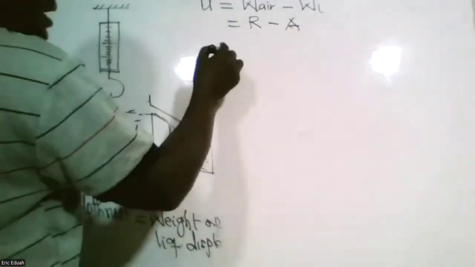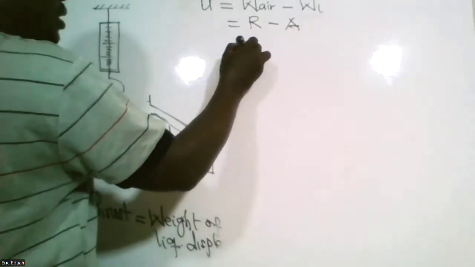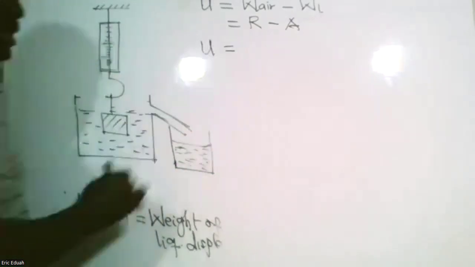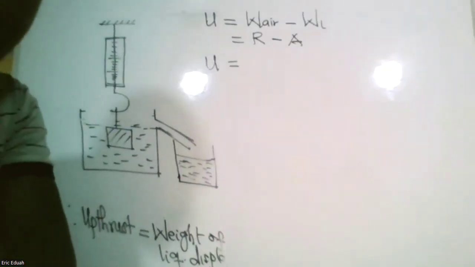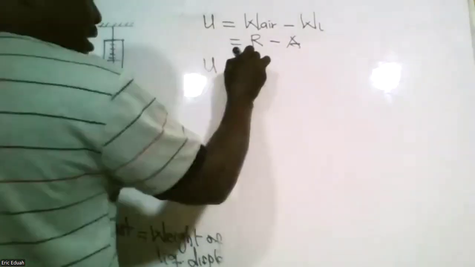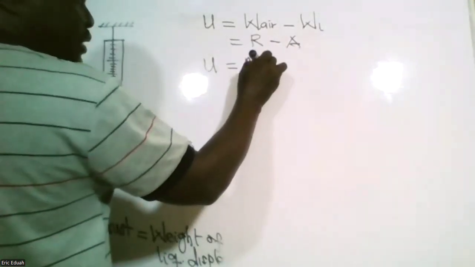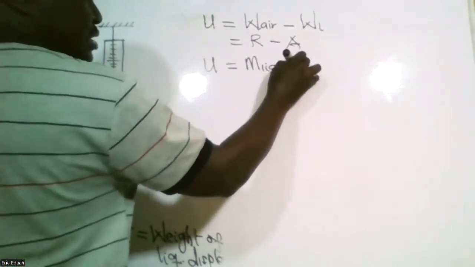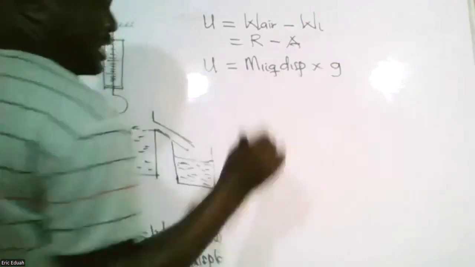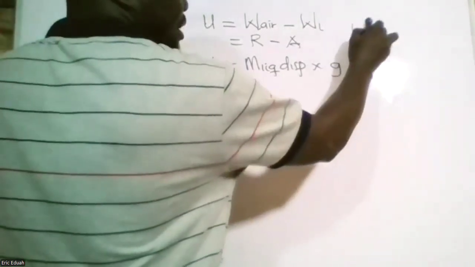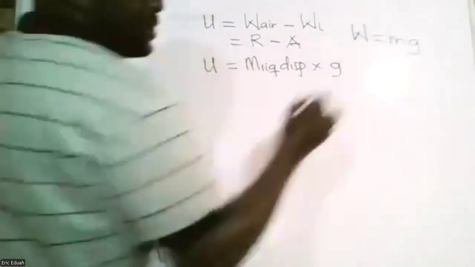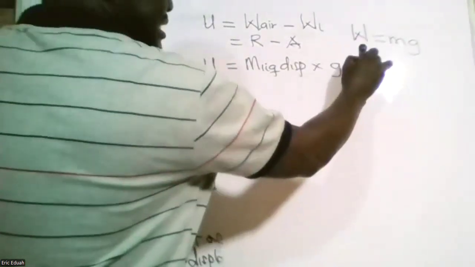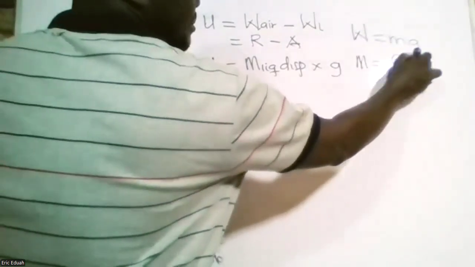This same upthrust is also equal to the weight of liquid displaced. Weight of liquid displaced can also be mass of liquid displaced times gravity, and this is coming from weight being equal to mass times gravity. Mass is also equal to density times volume.